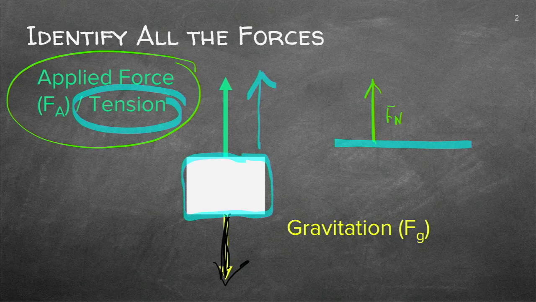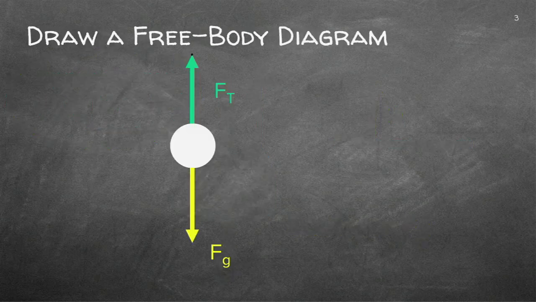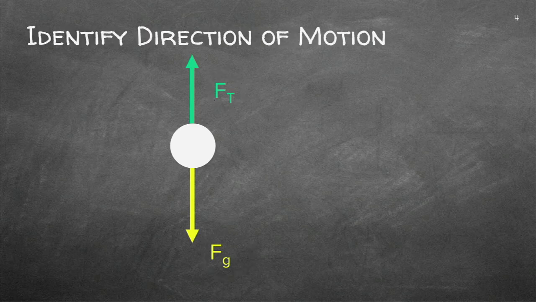Right, so I actually did the same steps in the horizontal. First, draw a free body diagram. You've got the forces: you identified the tension is upward and the gravity downward. Secondly, you have to determine the direction of the motion. Now, why is this important? Well, if this object is moving up, what will the difference in the two forces be?